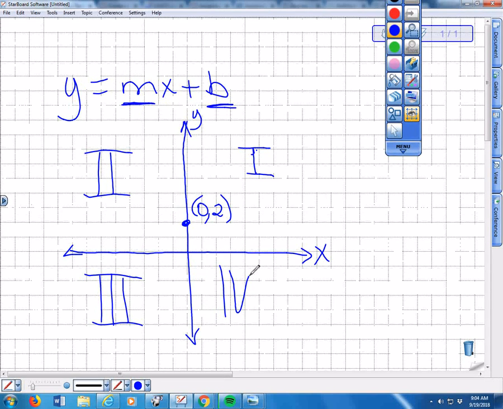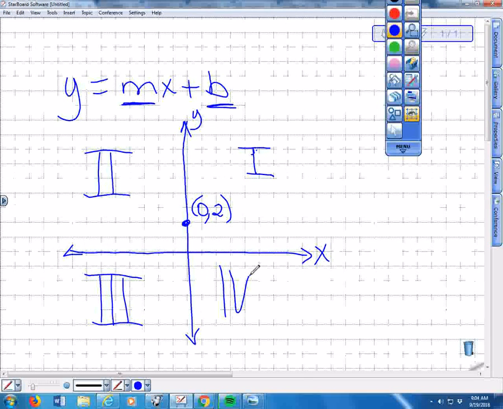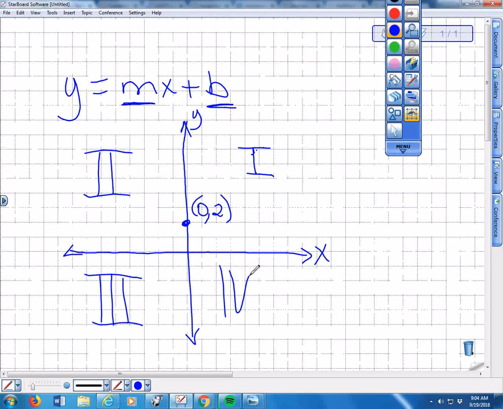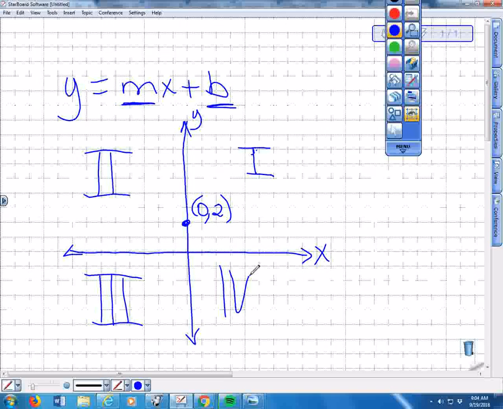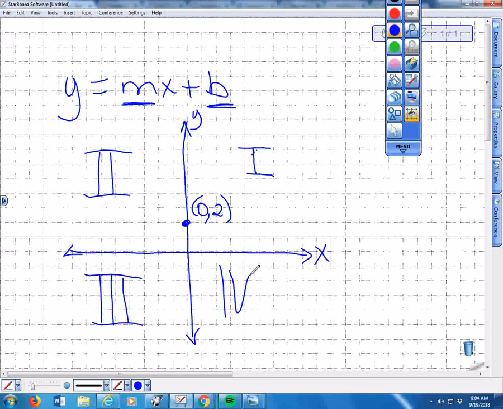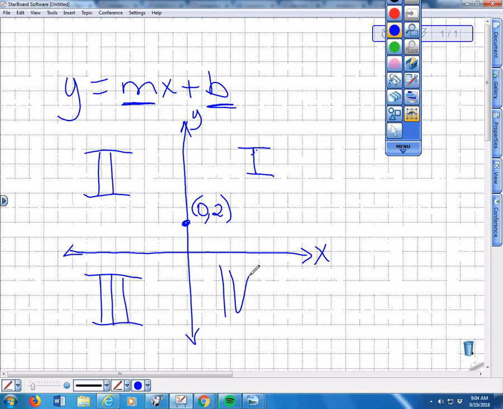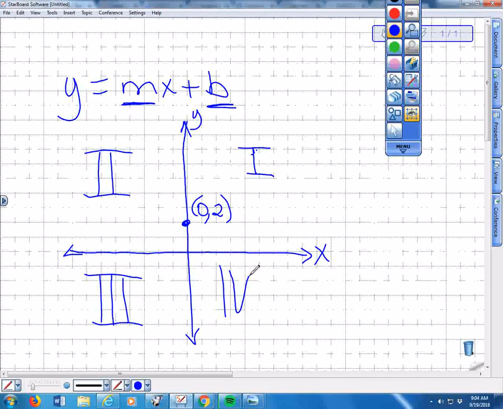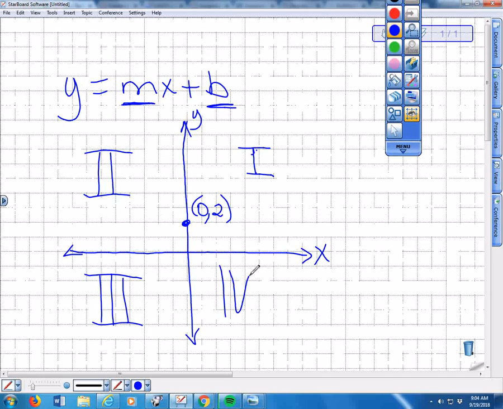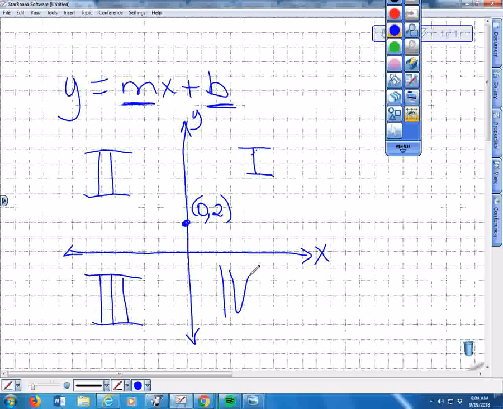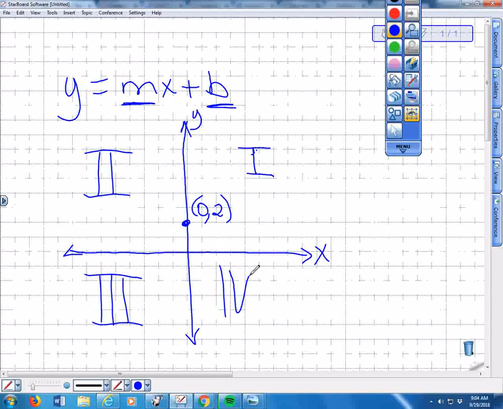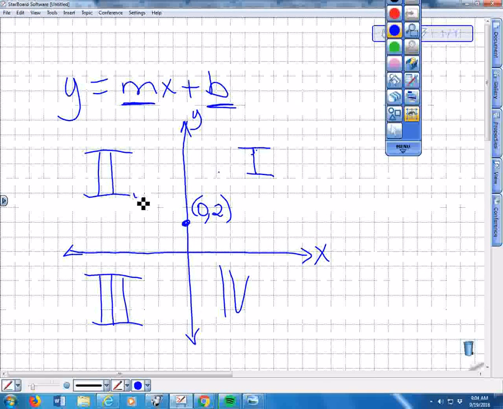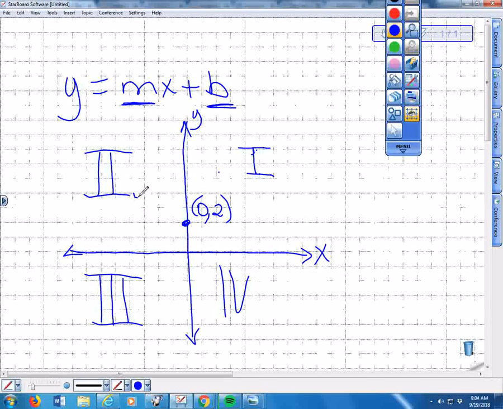And then we just go counterclockwise all the way around: 2, 3, and 4. So what's the sign of x and y in the third quadrant? They're both negative, right? All the x values are negative in this quadrant. All the y values are negative in this quadrant. So x and y are both negative here. They're both positive here. X is negative, y is positive. X is positive, y is negative.